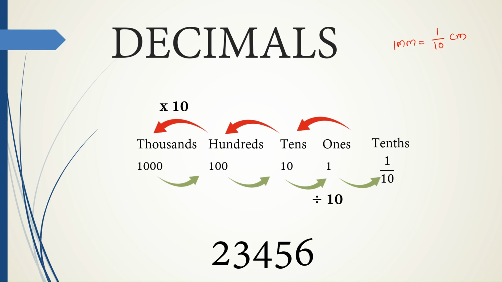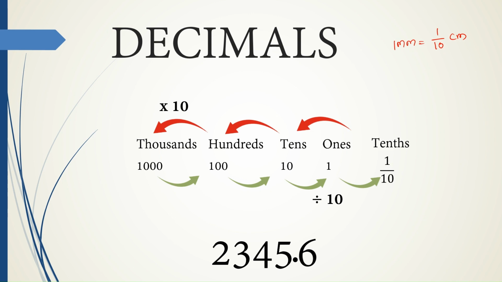If we write like this, does the last digit 6 represent a tenths place? No. We know the concept that the rightmost value of any number is the ones place. To make this number in such a way that 6 represents the tenths place, we have to insert a dot here.